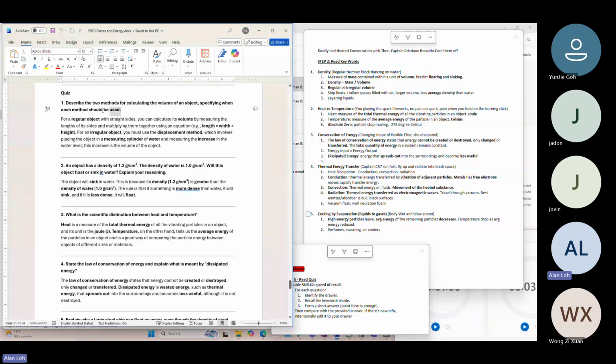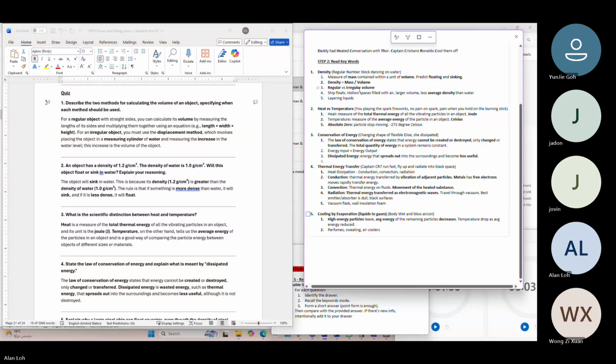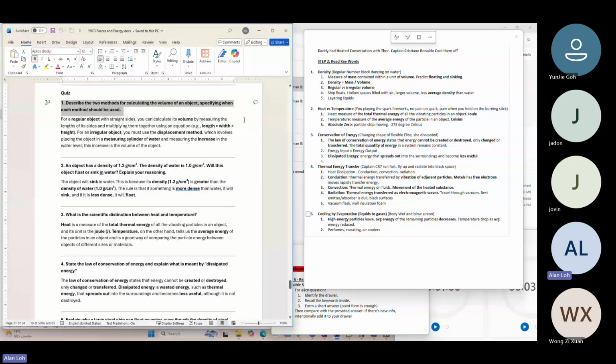So let's do this. Let's do it with Yunjie first. Number one. Can you tell me which drawer? Density. Yes. So by reading this, without reading the answer yet, you can already form some answers in your mind. Am I right? Yes. And that answer that you form within, let's say, 10, 15 seconds, just form it up.